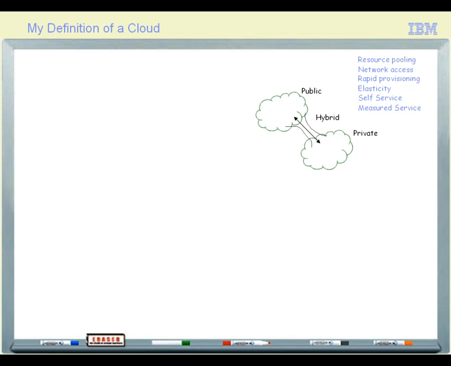Now, given those three types of clouds, there are also three types of offerings people typically have. One is infrastructure as a service. This would be a case where you could go online and store things, for instance, online as backup and make it available for people.